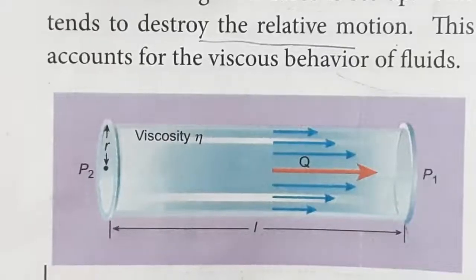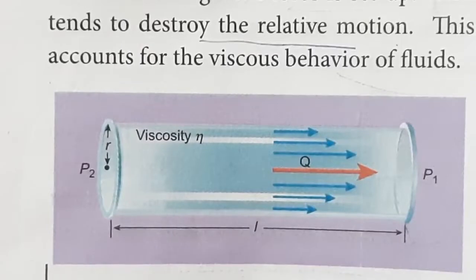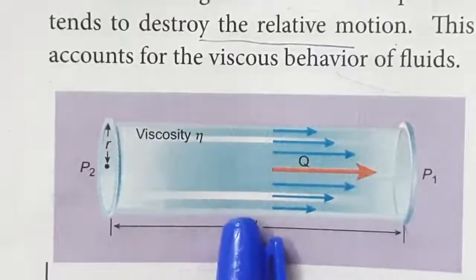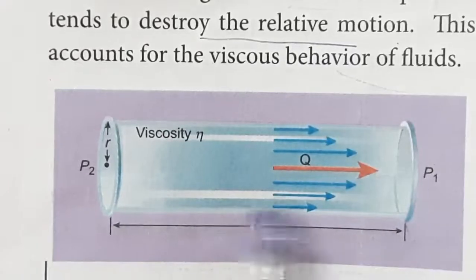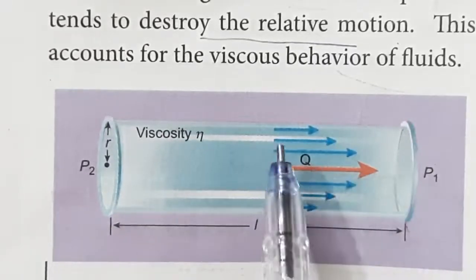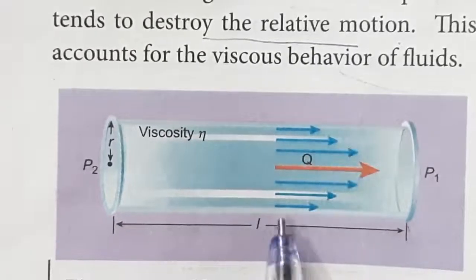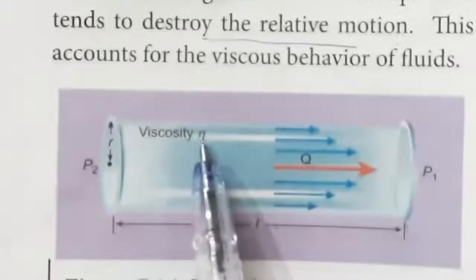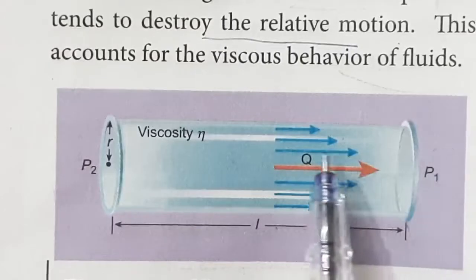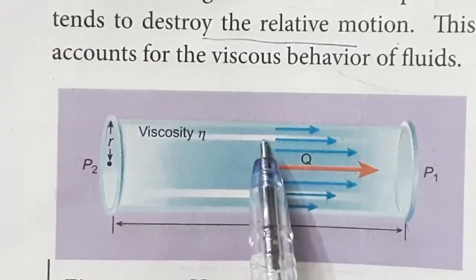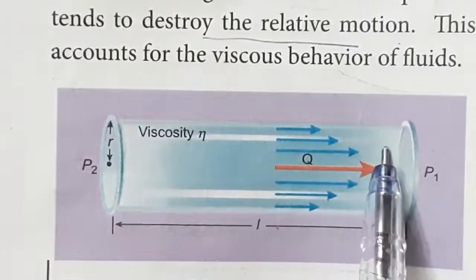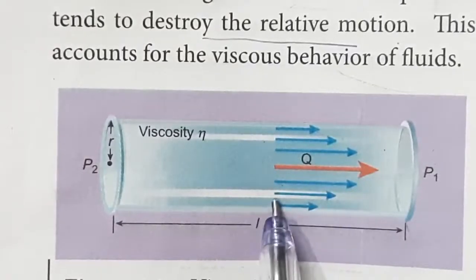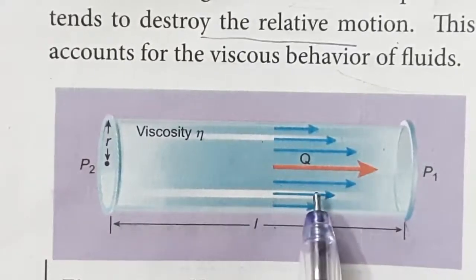Next, cause of viscosity. Here, a liquid is flowing over a horizontal surface. So there are different layers, an upper layer and a lower layer. When the fluid moves in this direction, the upper layer tends to accelerate the lower layer, and in turn the lower layer tends to retard the upper layer.